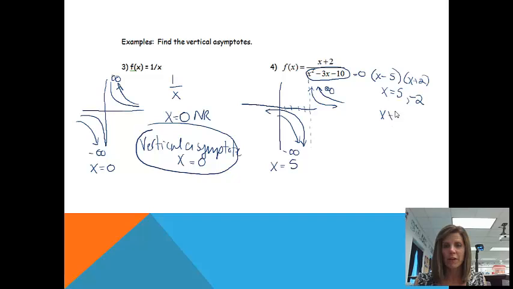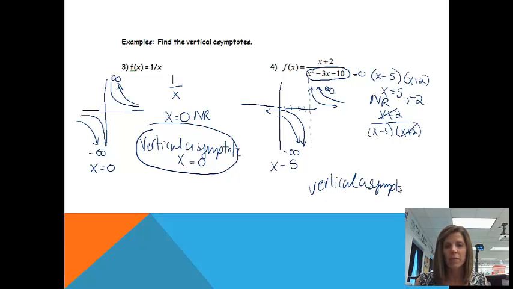Now, rewriting the fraction, I notice that x plus 2 can cancel out, so the discontinuity at negative 2 is removable. But x equals 5 is a non-removable discontinuity, and since it's a non-removable discontinuity, we have the vertical asymptote, which is the line x equals 5.